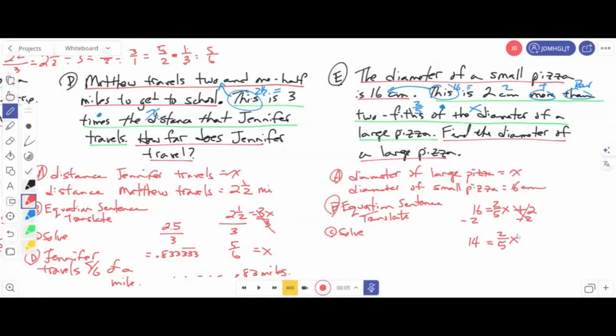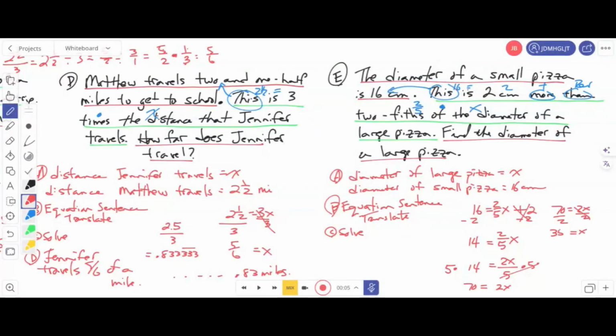Anytime a fraction is written in front of a variable, the variable can jump to the top. 2x over 5 equals 14. I'm going to get rid of the fraction by multiplying by 5. 5 times 14 is 50, and 20 is 70, equals 2x. Then 70 equals 2x, divide both sides by 2.